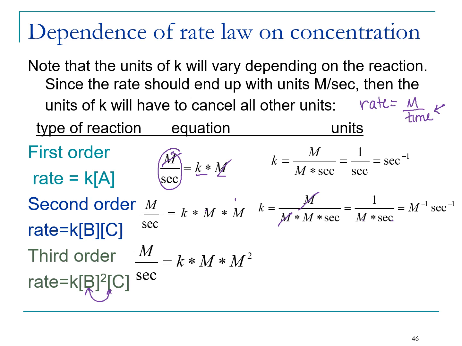One of the molars will cancel. And so my unit will be molar to the -2 per second. So just notice that first order doesn't have molar at all. Second order has molar to the -1. Third order has molar to the -2. So if it was fourth order, it would be molar to the -3 and so forth. So just keep that in mind when you need to figure out what the units of K are going to be.